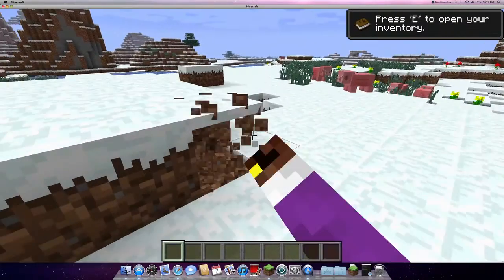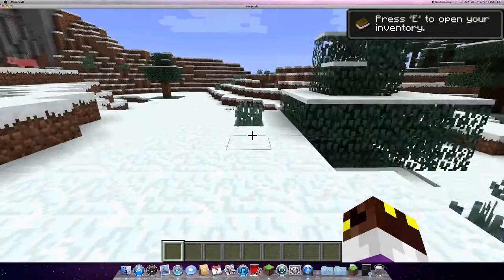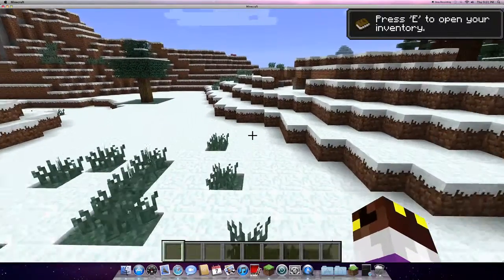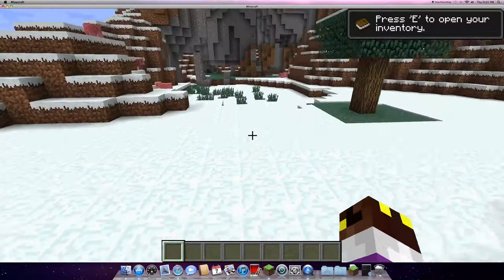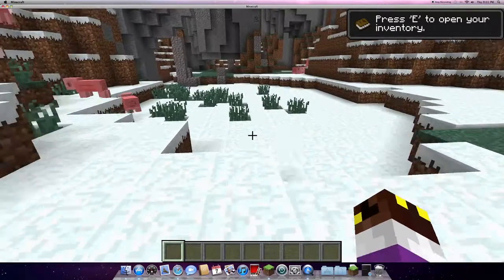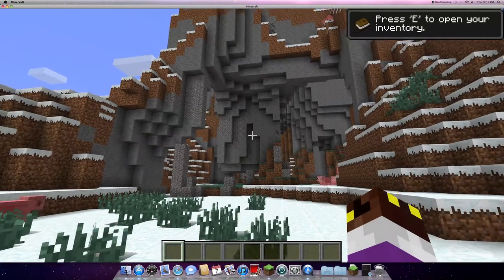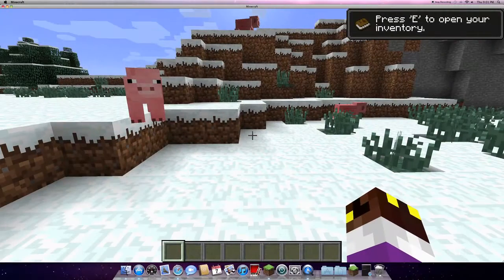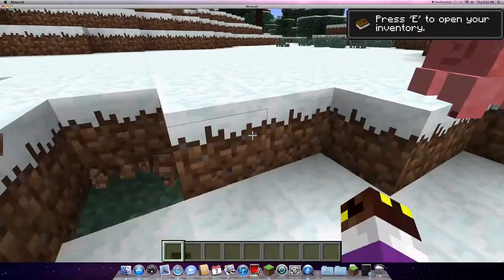Now, let me see. Okay. This is general Minecraft, and most likely if you're watching this, you know just about everything above vanilla Minecraft and you've at least played it once. So, how do you make these things work? You first of all think, well, okay, these are squares right here.